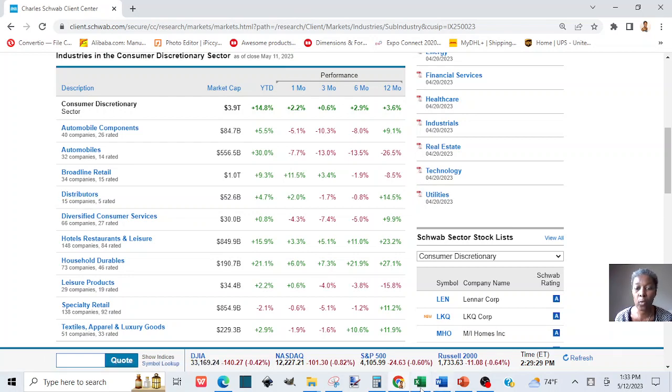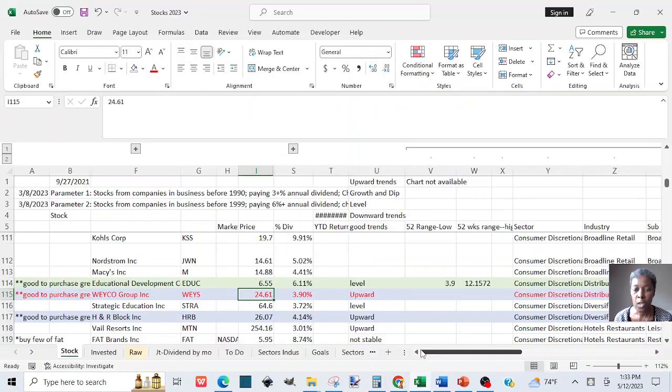So now we are going to move to the next step. Now that you have the stocks that pay relatively high dividends that you are interested in on your spreadsheet, you are going to study those companies to complete the other columns that you have on your spreadsheet to see if they meet those other criteria that you set to filter them down.